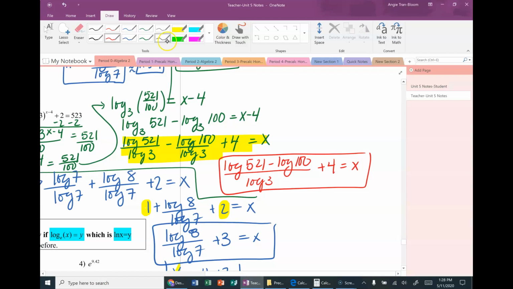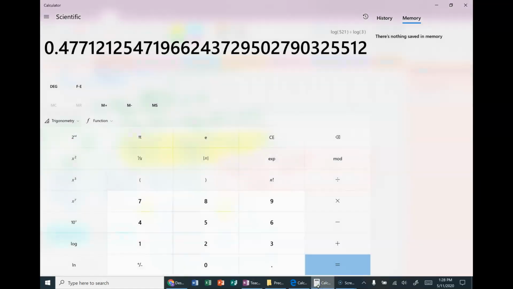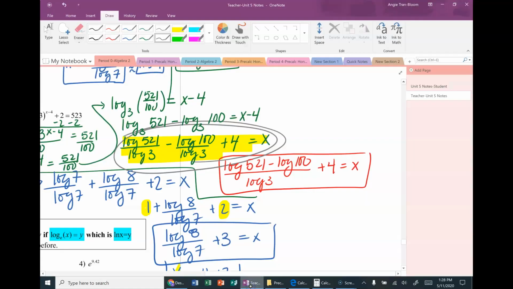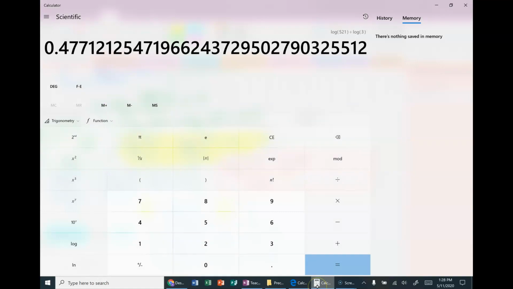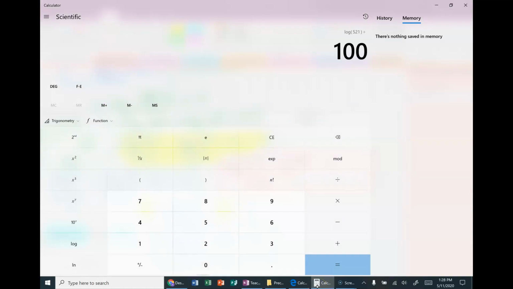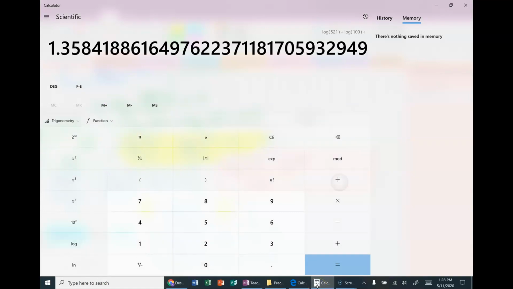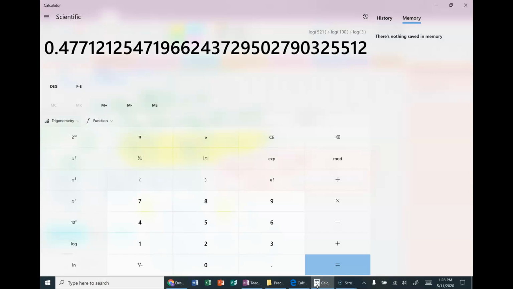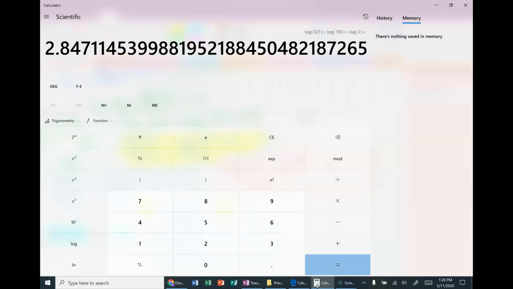Subtract. So right now, that's about 0.48. So let me write that down so I don't forget. That's 0.48 subtract log of 100 divided by log of 3. So clear it out. 100 log divided by 3 log. Enter. 2.84.